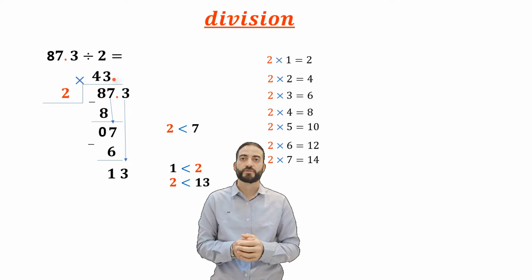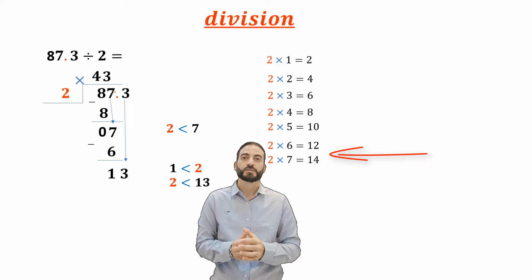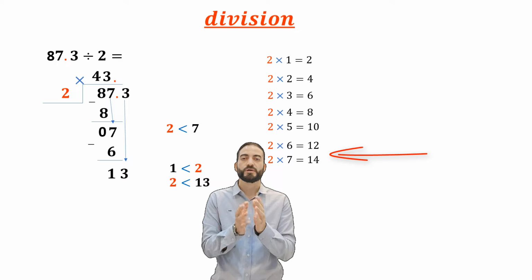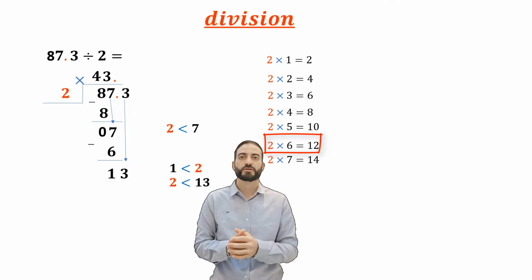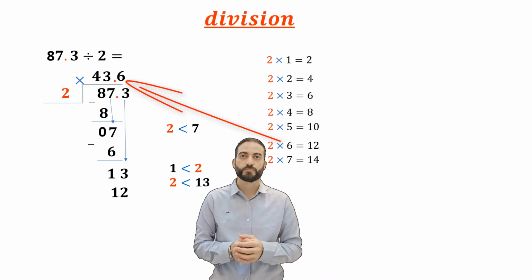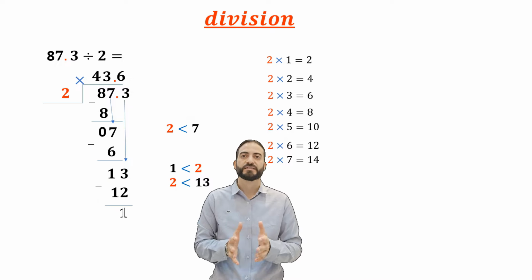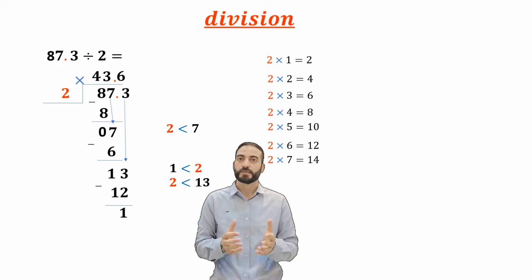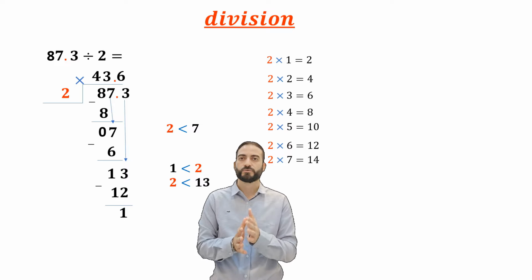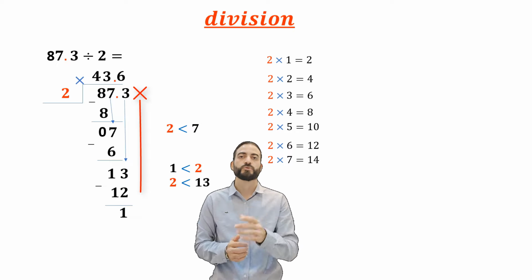We look for the number 13 in the multiplication table and we find it here between 12 and 14. So we take the smaller one, 2 times 6 equals 12, and we put 6 here. Immediately we multiply it by 2 and put the answer here. Now we do a subtraction to get the answer 1. Here we are done because 1 is smaller than 2 and there is nothing here to put.